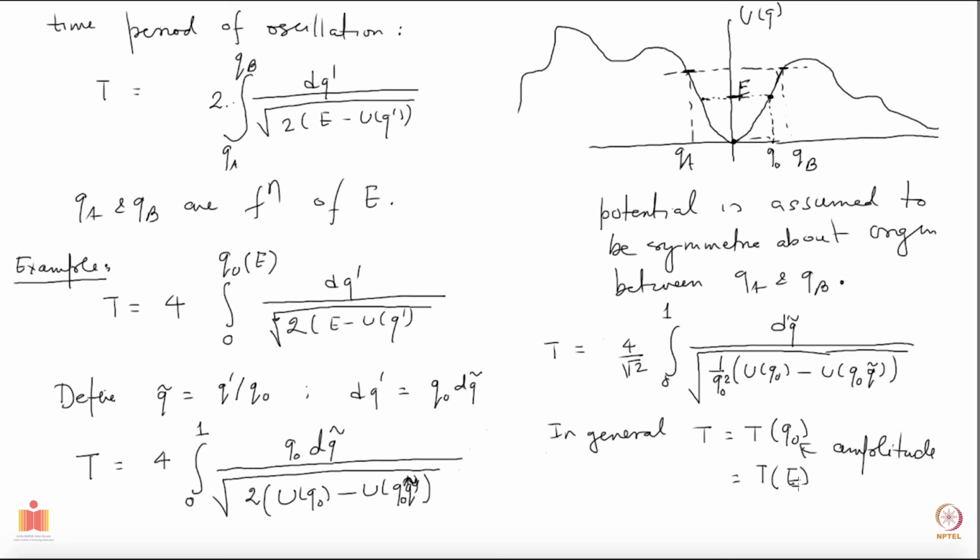It's clear what we should do. If this entire thing is not a function of Q naught, then the denominator should not be a function of Q naught. So what we are asking is, if we look at U of q0 minus U of q0 q tilde, times 1 over q0 square, that's what you had in the denominator.